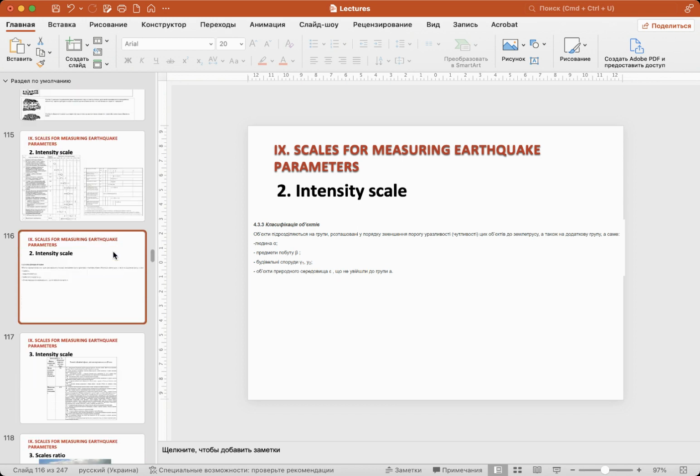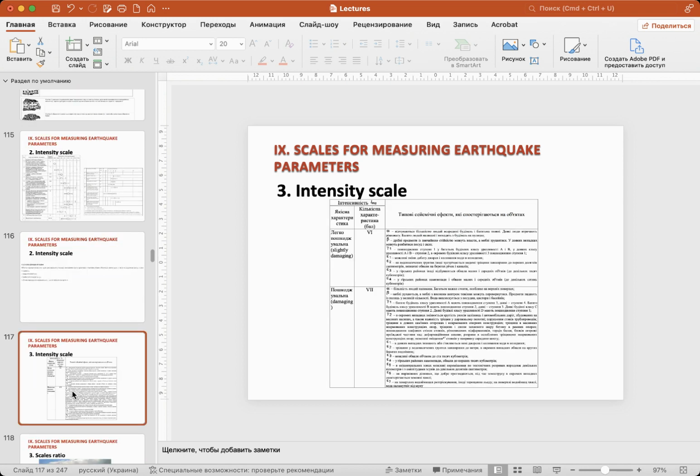So the next important question for us is to define what grade of intensity took place in a certain region.